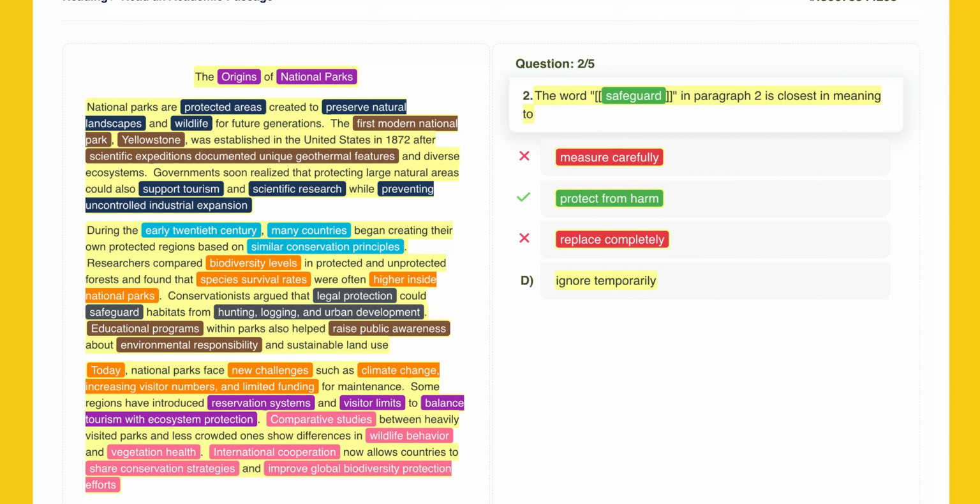Option D suggests ignore temporarily. This is the opposite of what conservationists want. They want to pay attention to and save the land, not ignore it. Therefore, this is incorrect. The correct answer to this question is B, since this option alone fully and clearly addresses what the question is asking, highlighting the importance of careful reading.